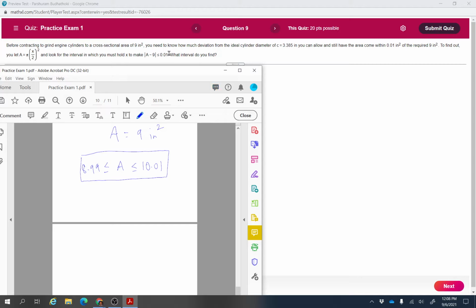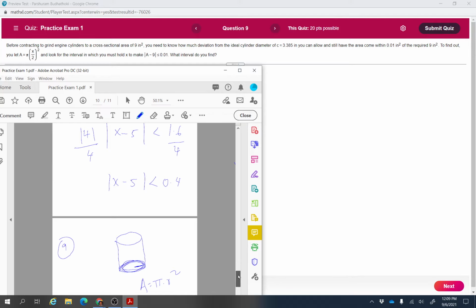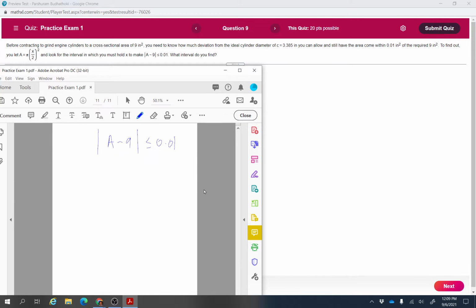So you start with this one, absolute value of A minus 9 is less than or equal to 0.01. You can rewrite this as negative 0.01 less than or equal to A minus 9 less than or equal to 0.01. As you can see, that's what I did here.